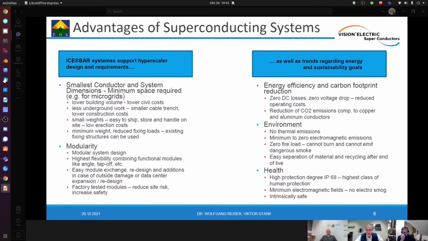The system is very compact. It's modular. So if for a data center you have a reuse or you have to change something on cable systems, you have to recable everything. Here you just have to open one of the modules and you can add another module. You can change directions. You can change all applications here on the modules.